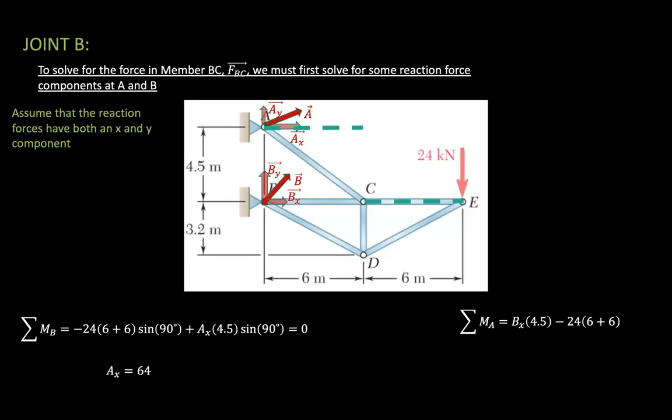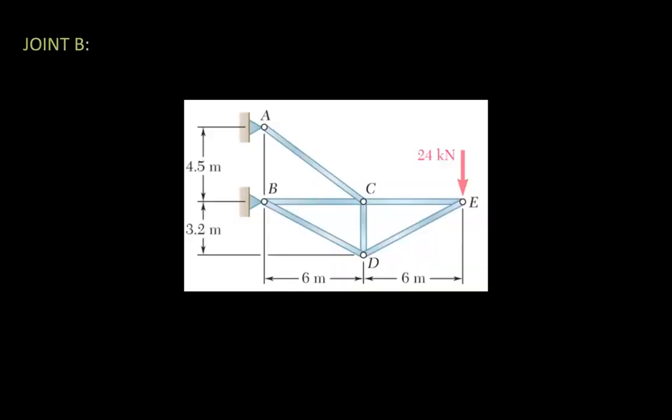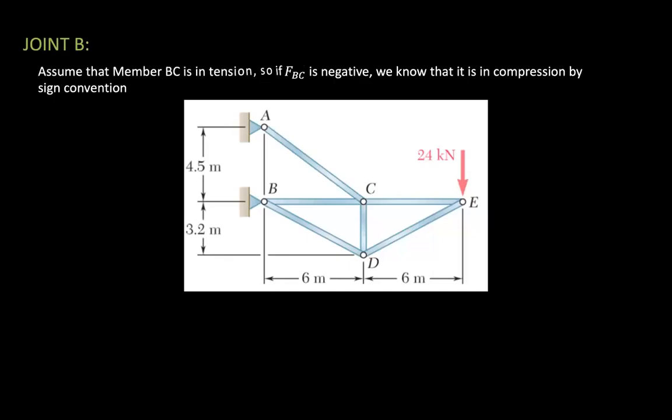It's because we can move the line CE up like this, and that total distance is 12 meters, and move the force along its line of action up like this. And the sum of the moments about A is also equal to 0. So we can find that Bx is equal to 64 kilonewtons as well from rearranging that equation and solving for Bx.